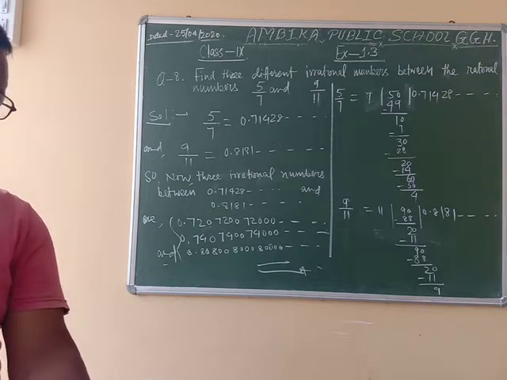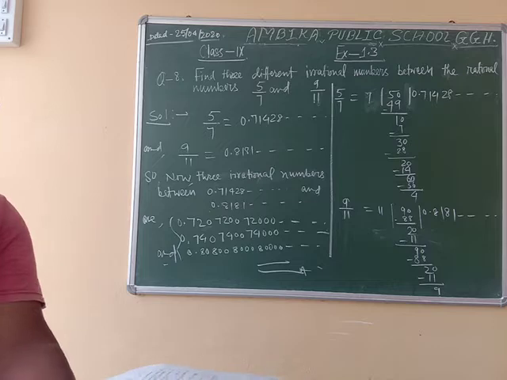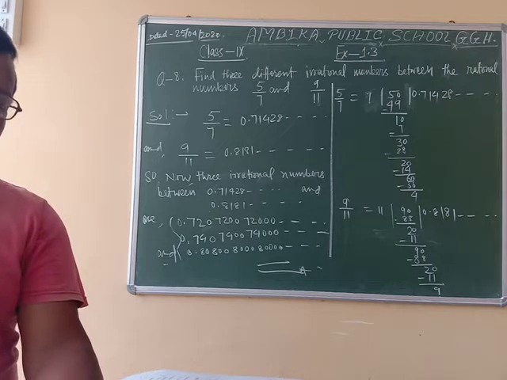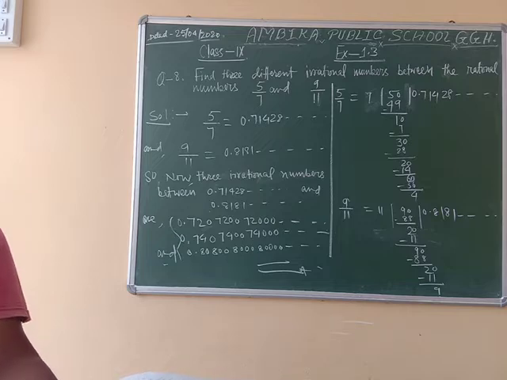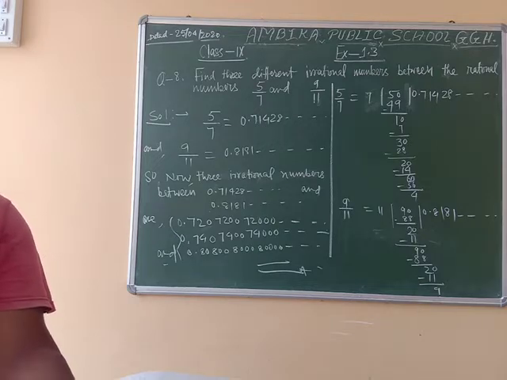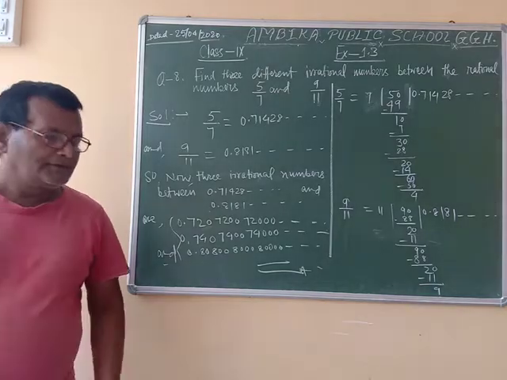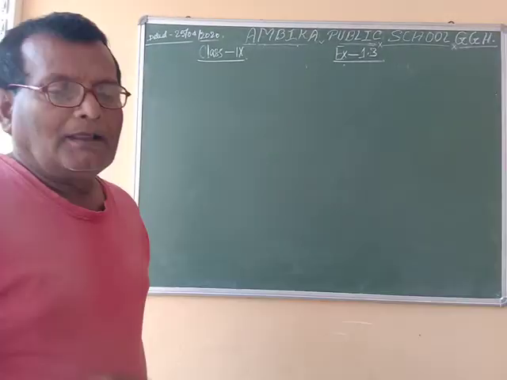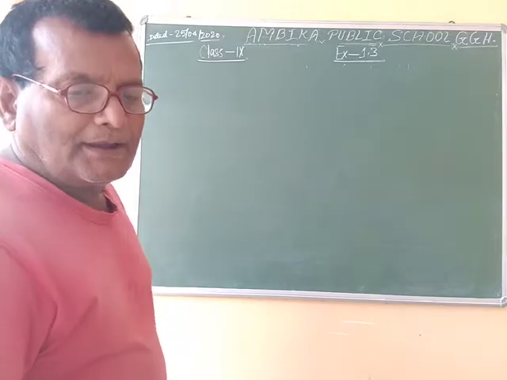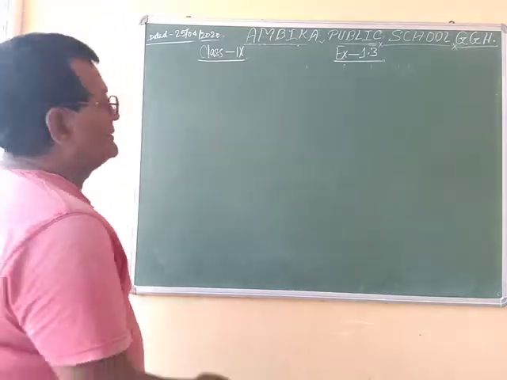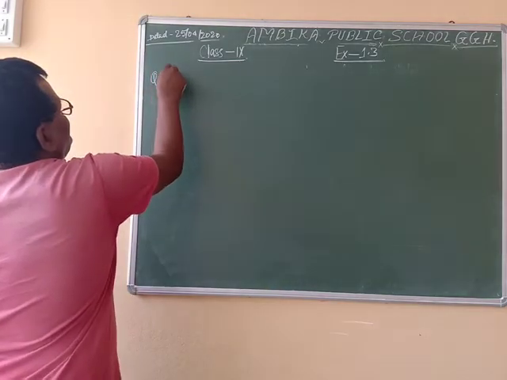There are 6 numbers given in question number 9. We have to classify them: what numbers are rational or what are irrational. Classify the following numbers as rational or irrational.